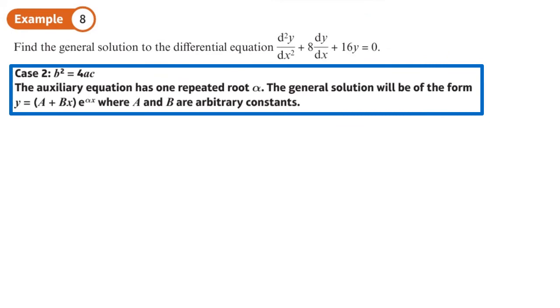Right, here we want to find a general solution to this differential equation. So first of all, we'll write down our values of a, b and c. So a equals 1, b equals 8, c equals 16. We'll form our auxiliary equation, which is going to be m squared plus 8m plus 16 equals 0.